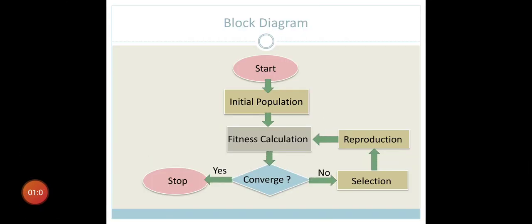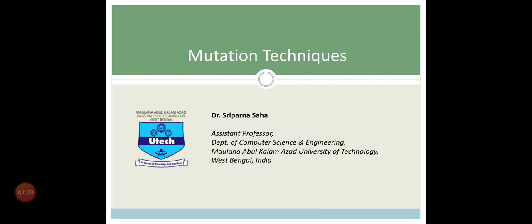So this is the basic block diagram of any GA. After the selection in the reproduction stage, the first stage was crossover, and after the crossover it is the time for mutation. So in this particular lecture we will be discussing mutation techniques.